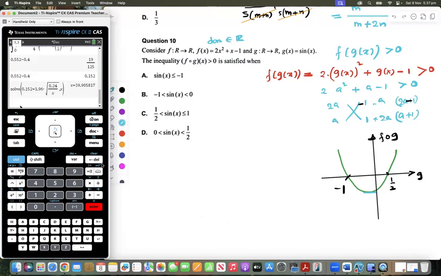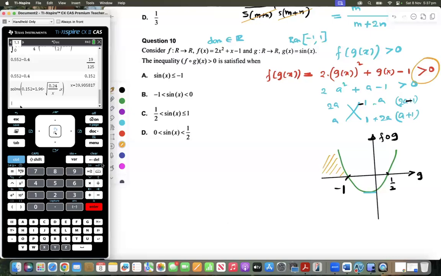The inner function has its range from -1 to +1, right? Therefore, beyond -1, this function will not exist. Therefore, I need to exclude this portion, right?